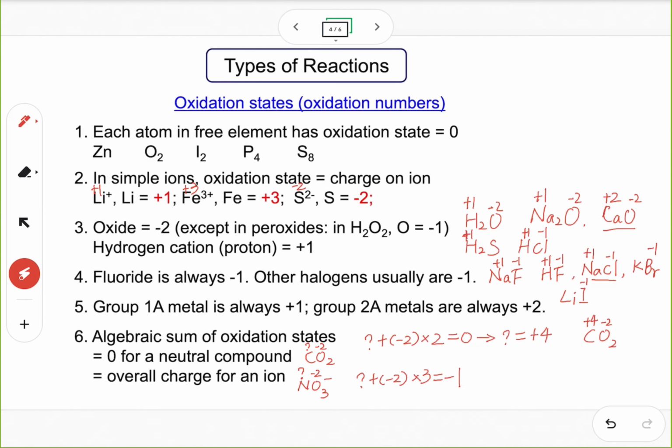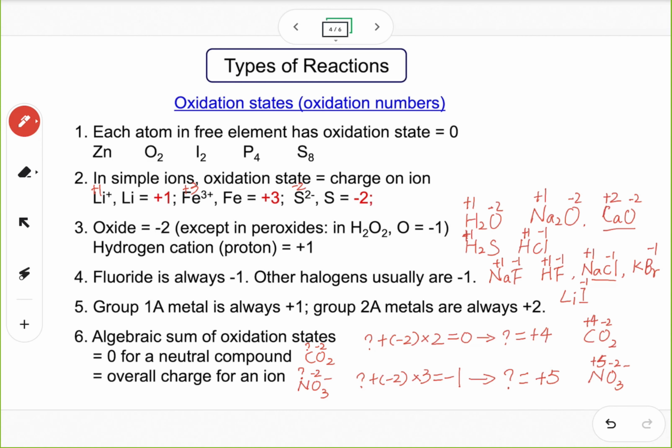By setting up such an equation, we can calculate the question mark, which is the oxidation state of nitrogen. That's going to be +5. So in NO3 minus, the oxidation state for oxide is -2 and for nitrogen is +5.